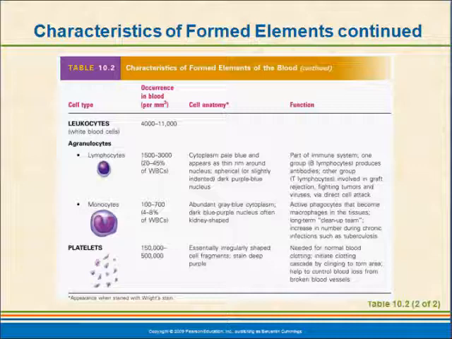The monocytes, these are abundant cells. They are active phagocytes as well. So we have neutrophils that are phagocytic. We have monocytes that are phagocytic. Monocytes are in the bloodstream, but if they exit the bloodstream and get into the tissues, they transform into a larger cell called a macrophage.